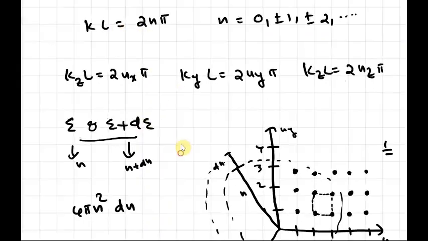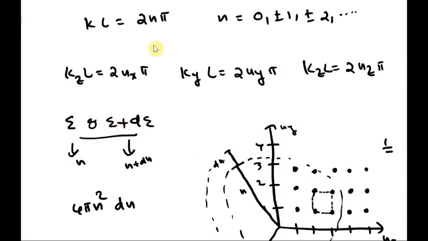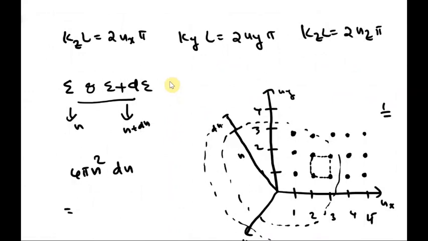So this is going to be something like 4 pi. Instead of n square, I can substitute kL by 2 pi, whole square, into dn, which will become L by 2 pi dk.